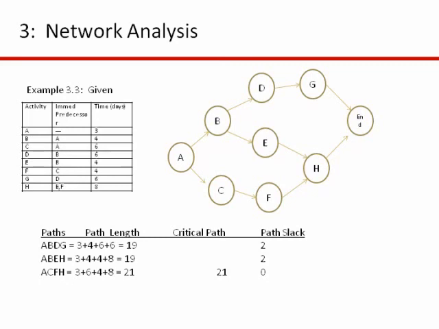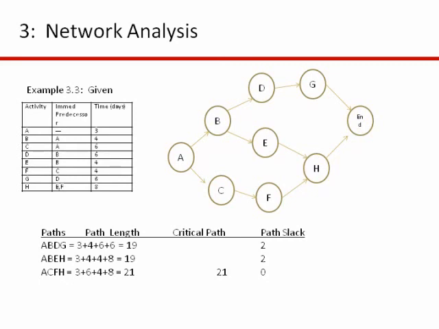So what path slack is, it's just the amount of slippage that a path can have before it too becomes a critical path. So the path slack is going to be equal to the critical path minus the length of the path. So by definition, the critical path has 0 slack, because in this case, it's going to be 21 minus 21.